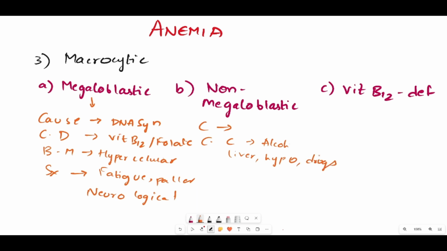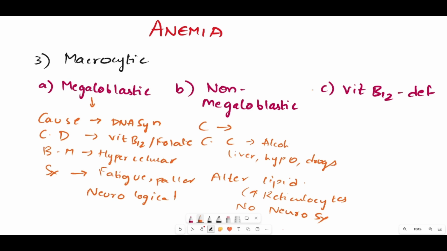In this condition, the lipid metabolism is mainly altered, so the lipid composition of the RBC membrane is altered. That means reticulocytes will be increased. And here no neurological symptoms are observed.